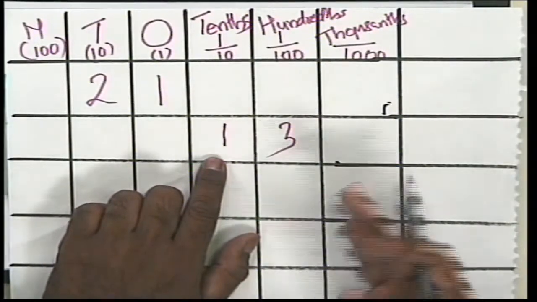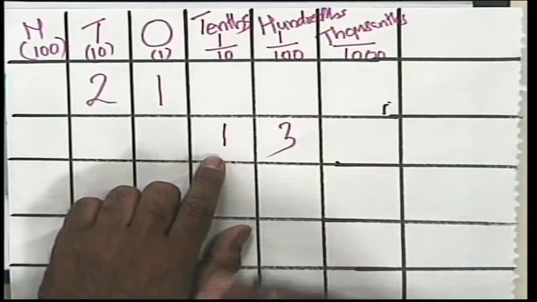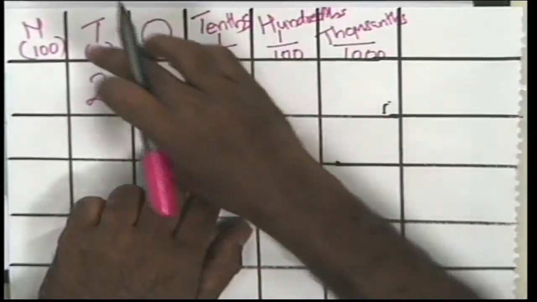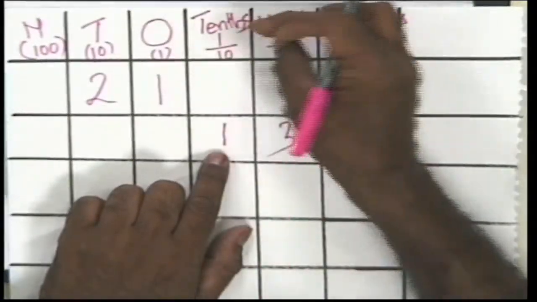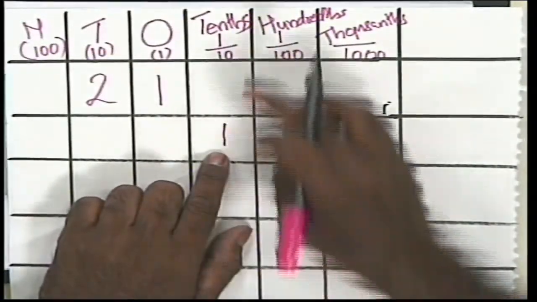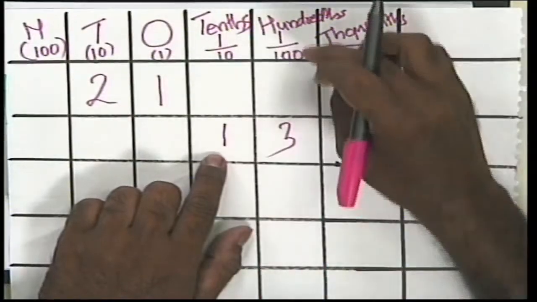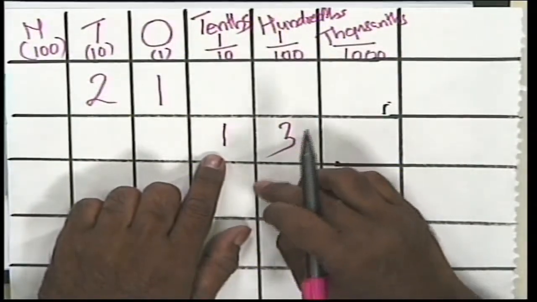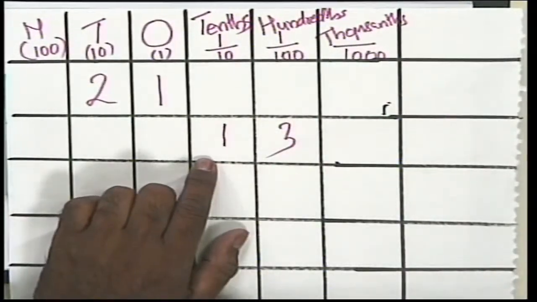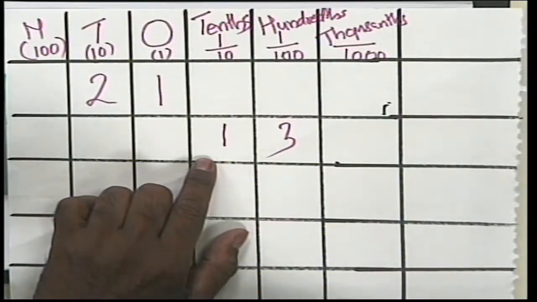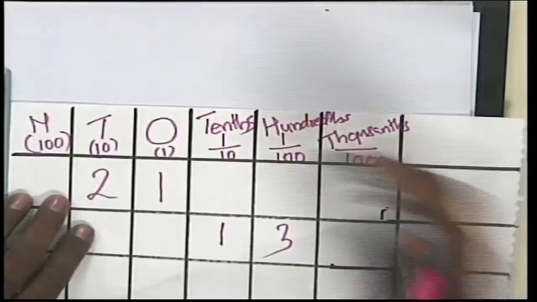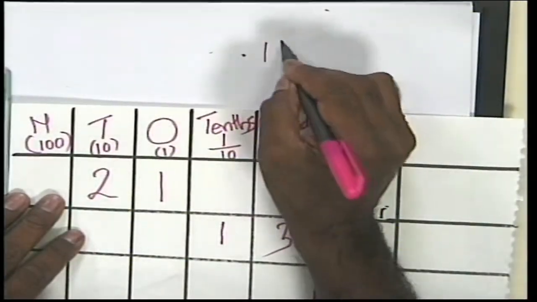Can we call it 13? Of course, this 1 is not in the tens place, it is only in the 1 by 10th place. Therefore we have 1 by 10th and 3 by 100, and we express that number using decimal notation. We call it 0.13.